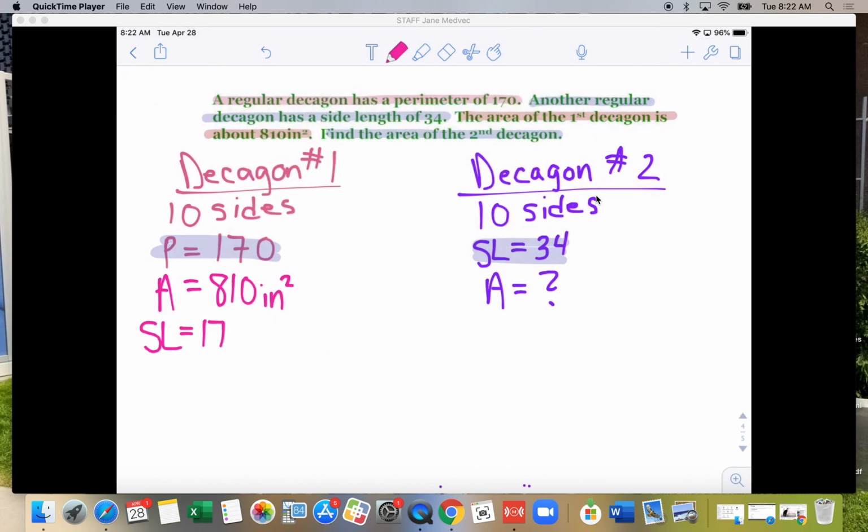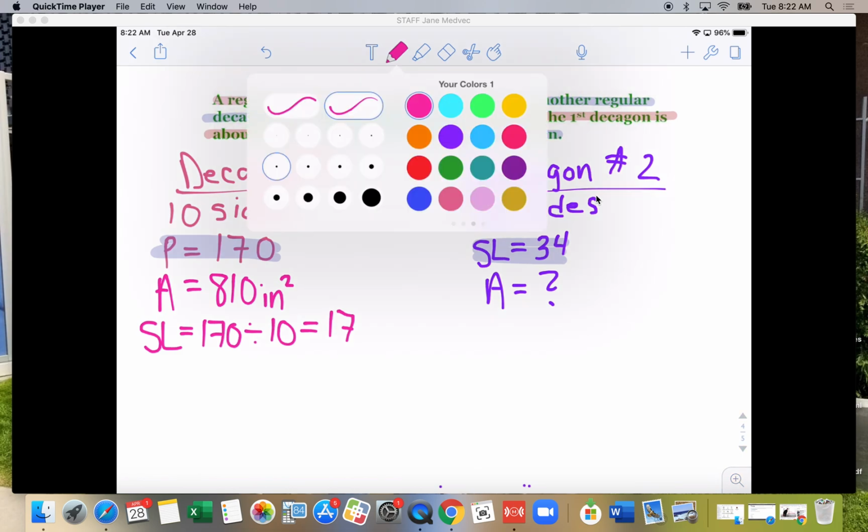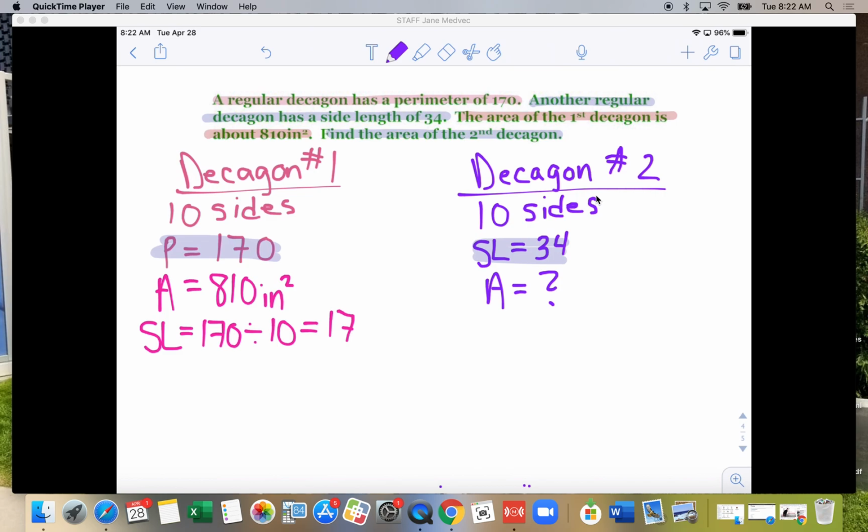I take 170, divide it by 10 because it's a decagon, and I get 17. Or if I wanted to, I could take the second decagon and I could go the perimeter is 34 times 10, and that gives me 340. It doesn't matter which one you choose. You do not need to do both.